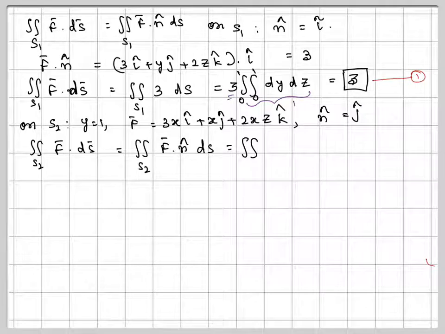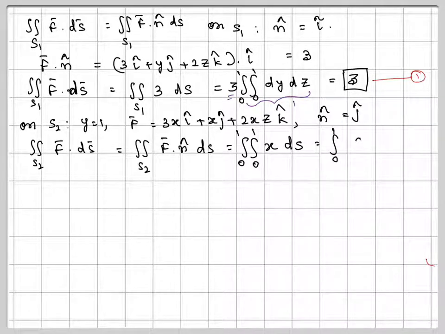If you dot multiply F and n with j, you're going to get just x for the integrand. So it is x dS, over the face of the cube corresponding to y equal to 1.